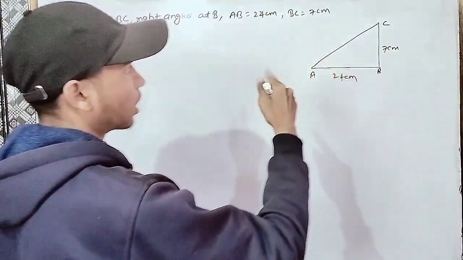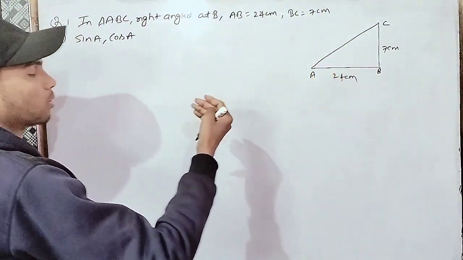We don't know the value of AC, which is the hypotenuse.